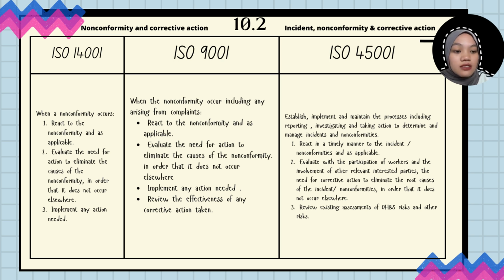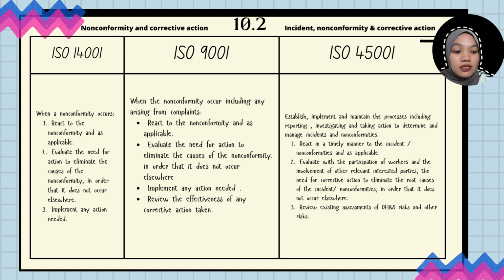Next is ISO 45001: establish, implement and maintain processes including reporting, investigating and taking action to determine and manage incidents and non-conformities. 1. React in a timely manner to the incident or non-conformity and, as applicable, 2.